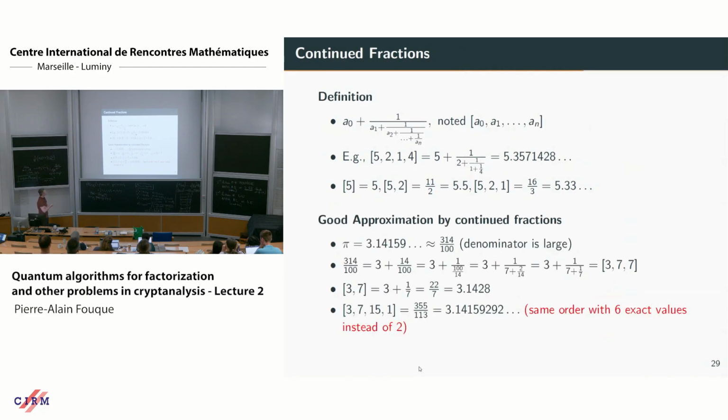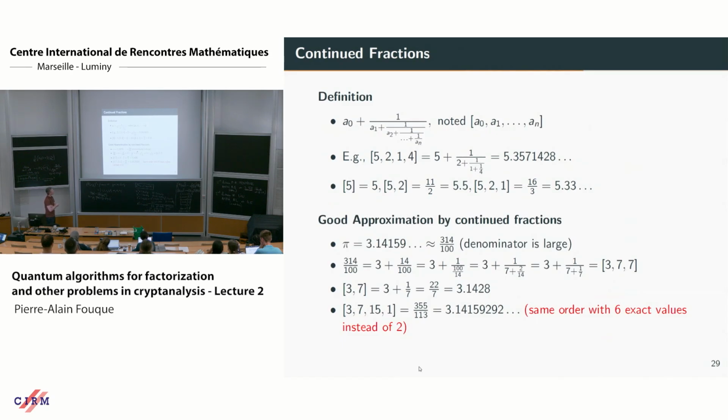Okay, so if you want to have a good approximation of pi, for instance, one idea is to write it as follows. If you want the first two digits, you can write it as 314 divided by 100. But here, you see that the denominator is very large, of order 100.